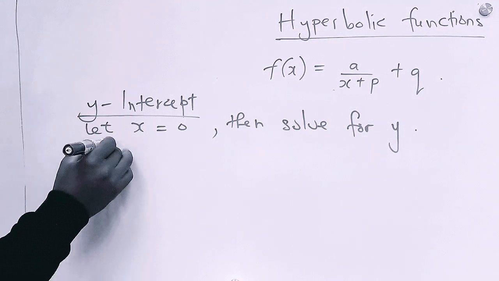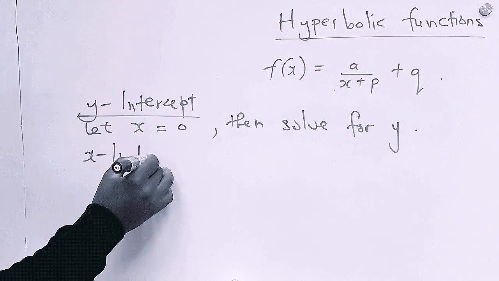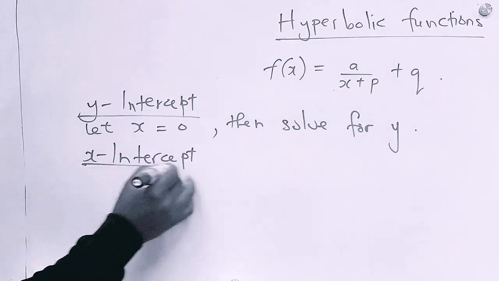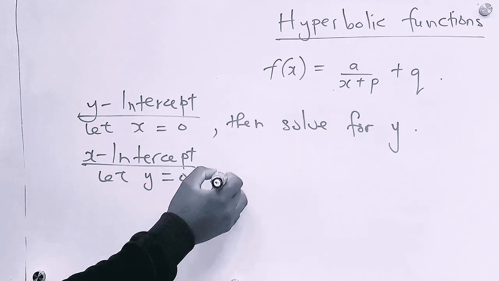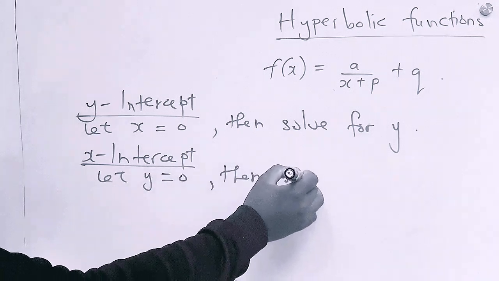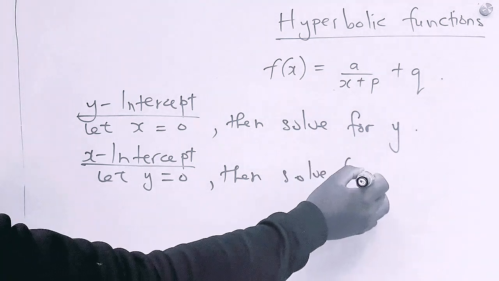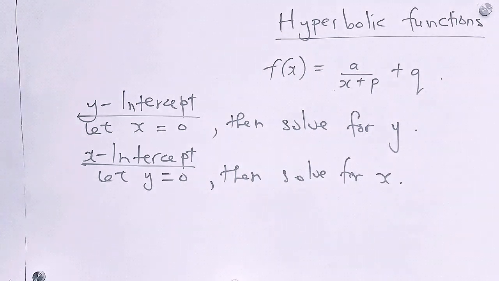To find the x-intercept, you let y is equal to 0, then solve for x. So this is how we find our intercepts, x and y.